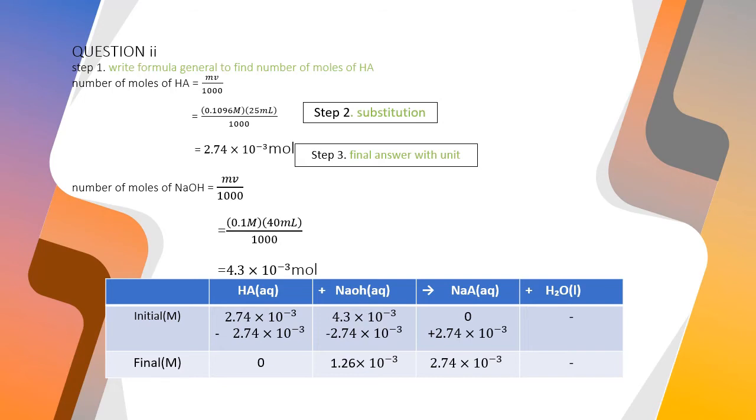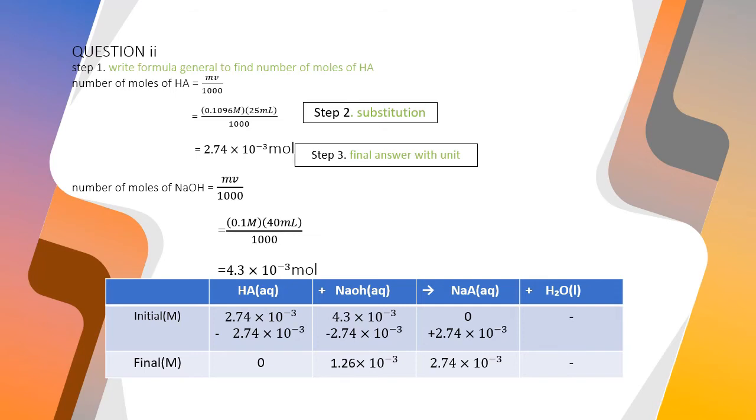H2O, because this is liquid, this doesn't matter. So look at here, right? Between HA and NaOH, HA has the smallest number of moles. So for the number of moles here and here, you subtract the lowest value of the moles, which is HA.